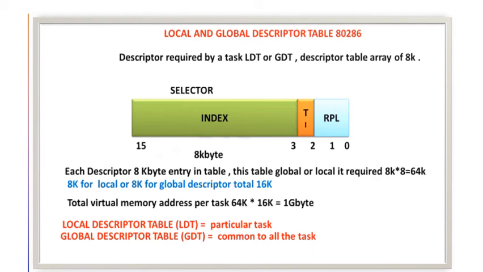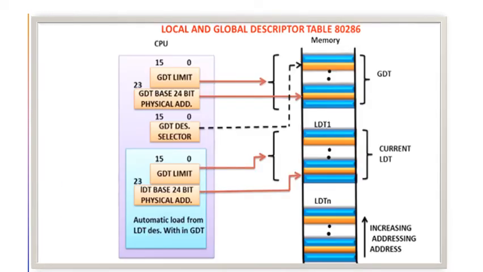Each descriptor table has a 24-bit base register to locate the descriptor table in physical memory, and it has a 16-bit limit register which confines descriptor access to the defined limit of the table. The figure shows the local and global descriptor tables.